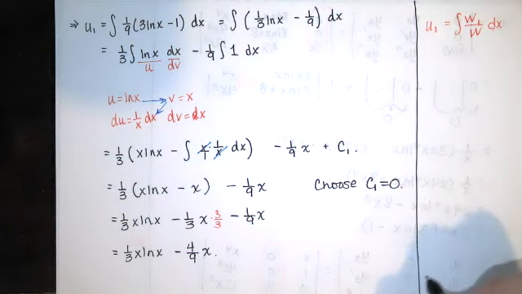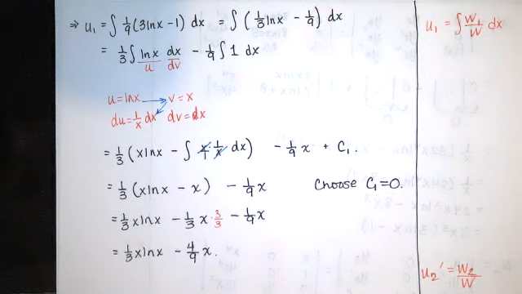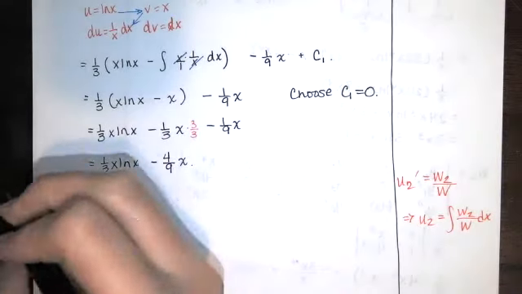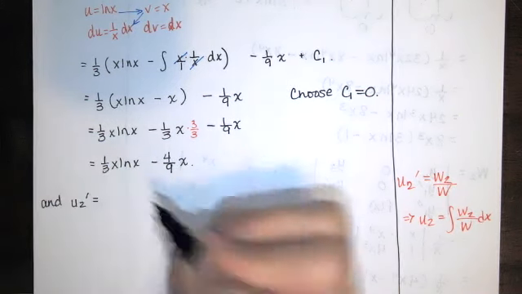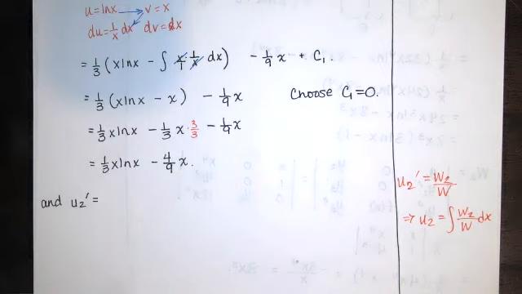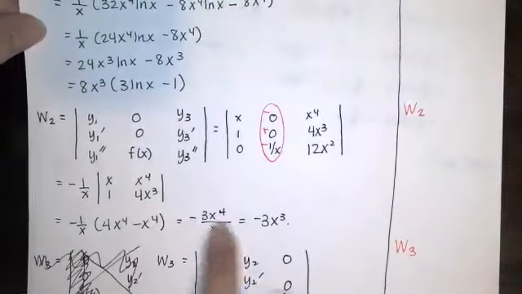Okay, now let's compute u2 prime. And then we'll use that to compute u2, the antiderivative of that. W2 is this guy, negative 3x cubed.